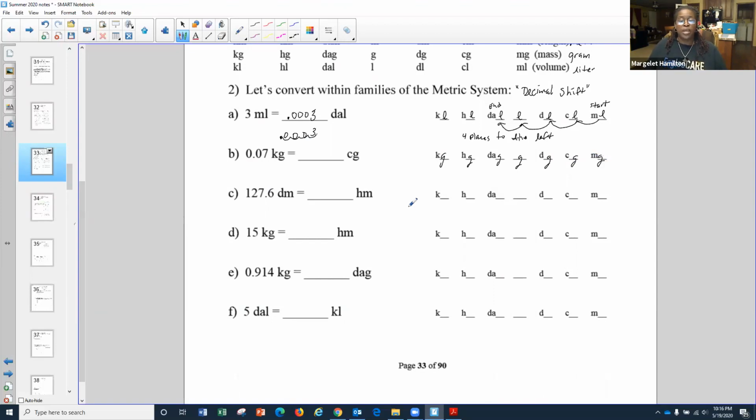All right. They want us to start here, and they want us to end here. How many places do I need to move? 1, 2, 3, 4, 5 places to get there. 5 places to the right.